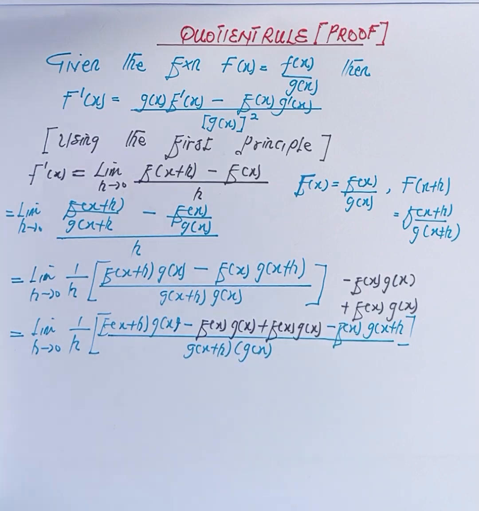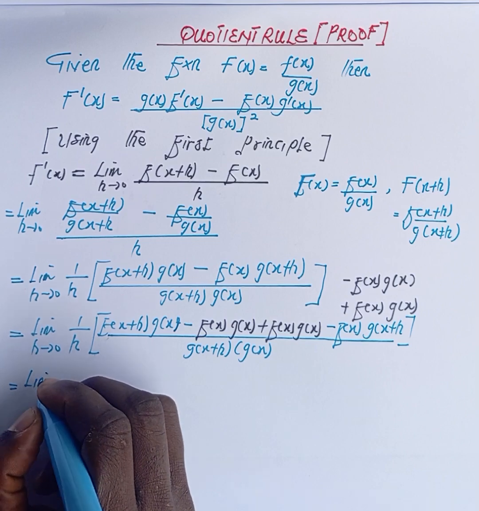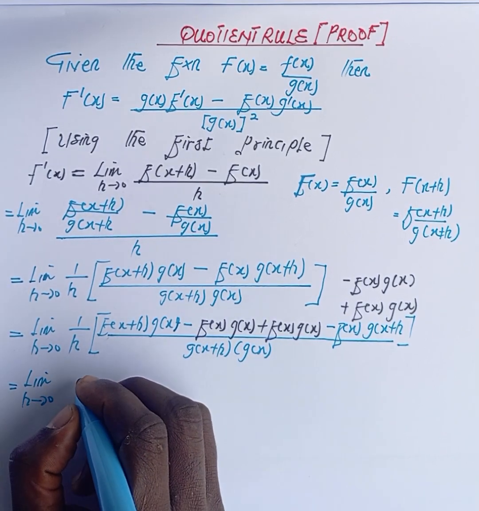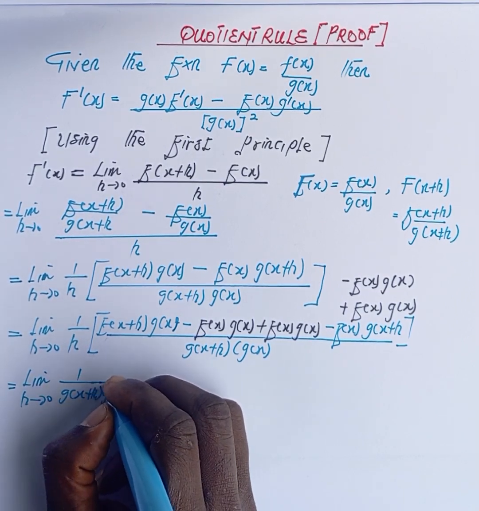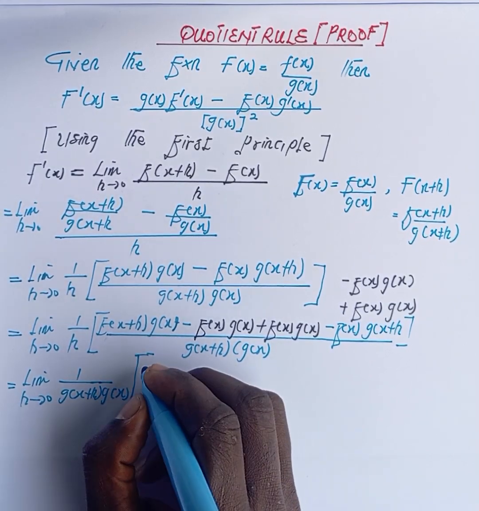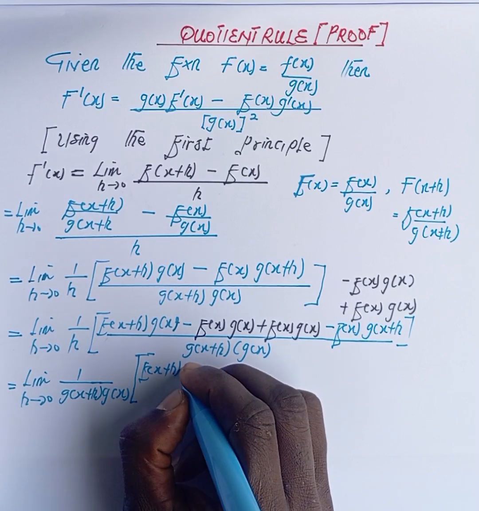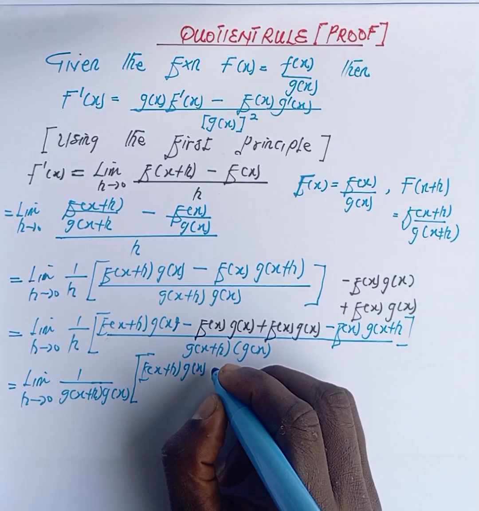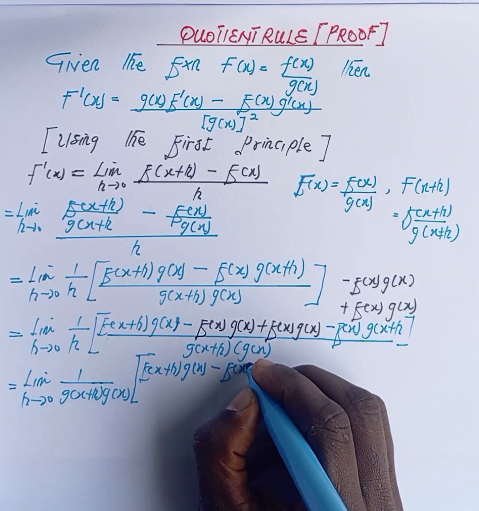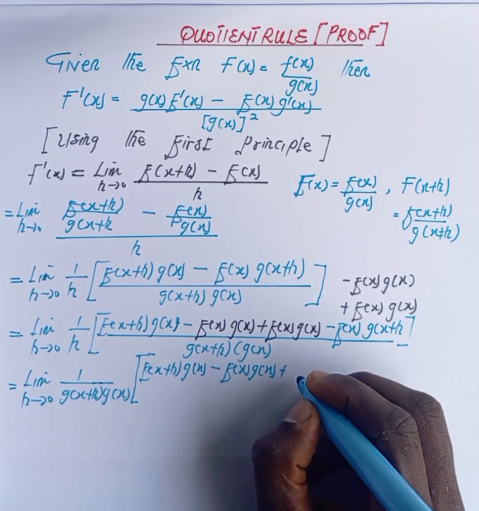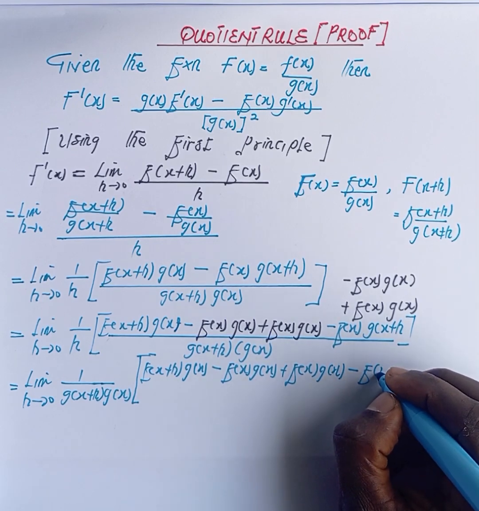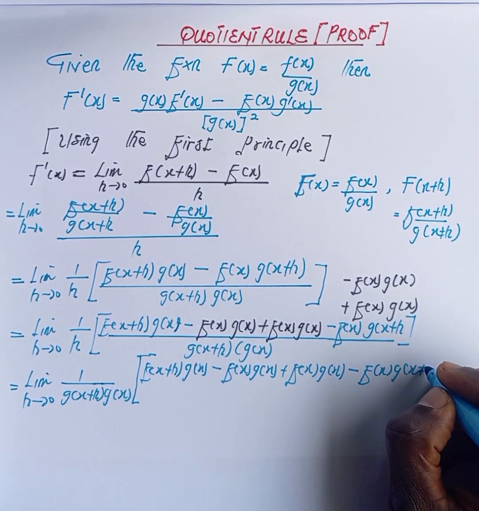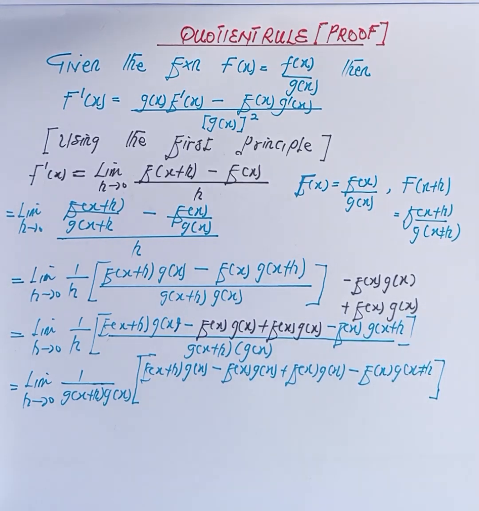So we have the limit as h approaches 0 of 1 over g at x plus h times g at x, then the bigger bracket f at x plus h times g at x minus f at x times g at x plus f at x times g at x minus f at x times g at x plus h, and all this is over h because we have swapped their positions.